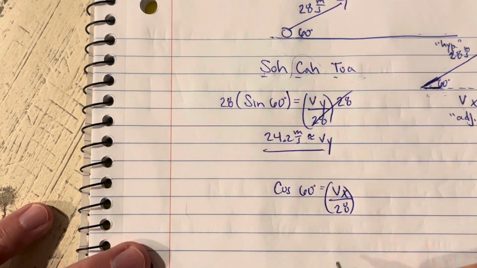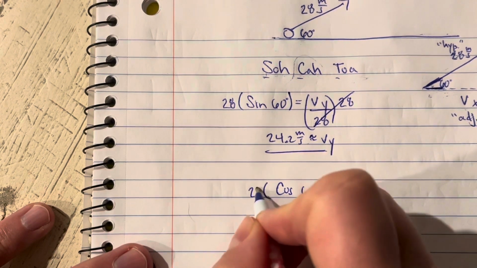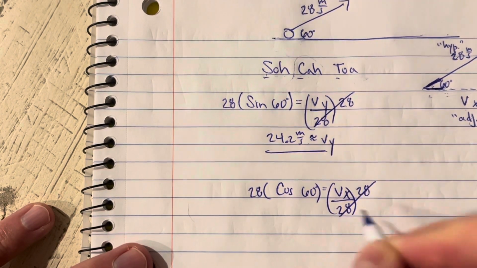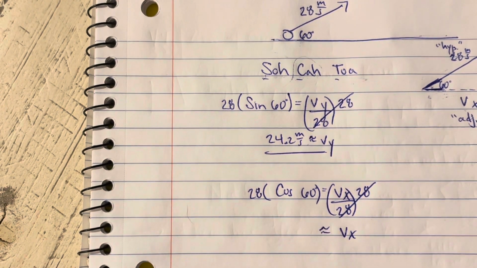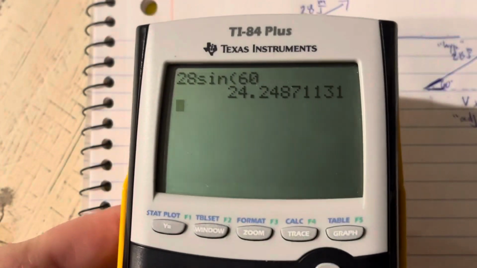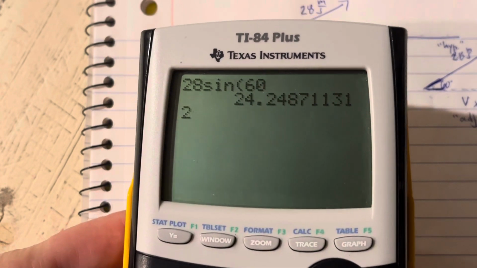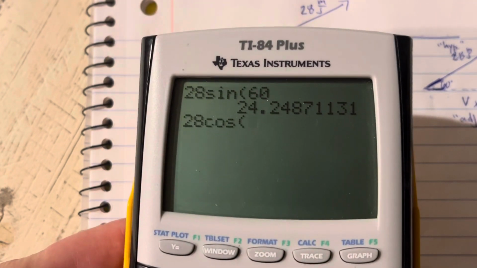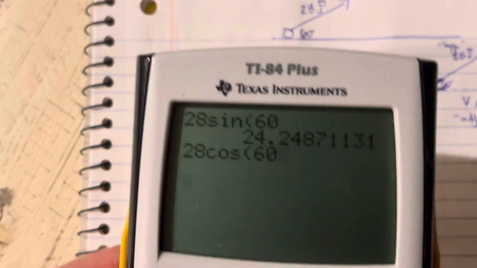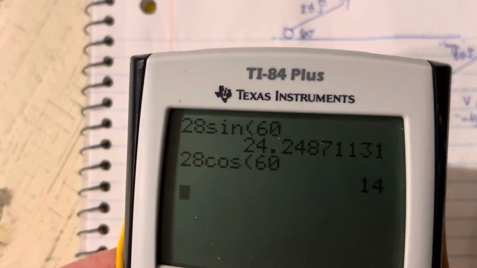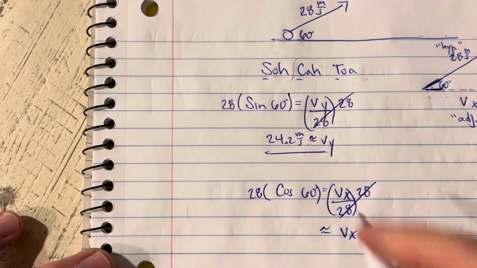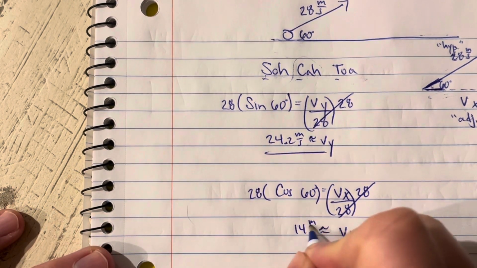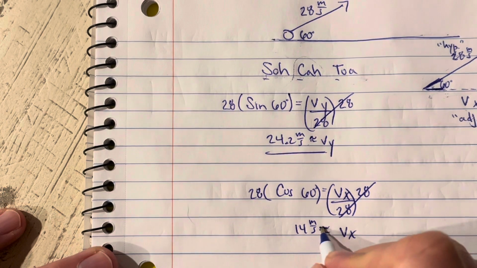Multiply both sides by 28. So Vx is approximately 28 times cosine of 60 degrees, and we get 14. And that was an exact value.